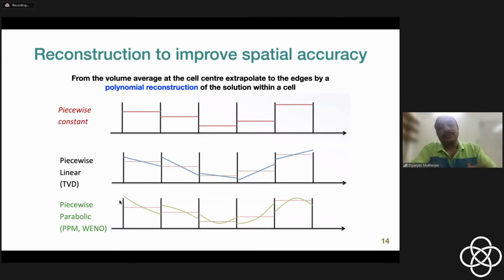And so what essentially we do is we assume that the quantities inside are not just represented by the simple volumetric average quantities here, but they have a profile. And this adds to the accuracy of the solutions that we finally obtain from the Riemann problem. So this is something called the reconstruction step.